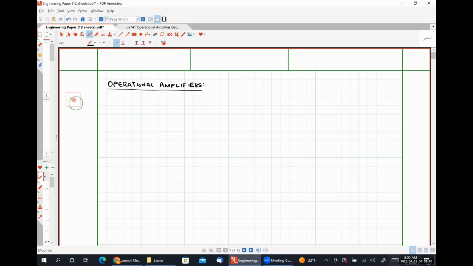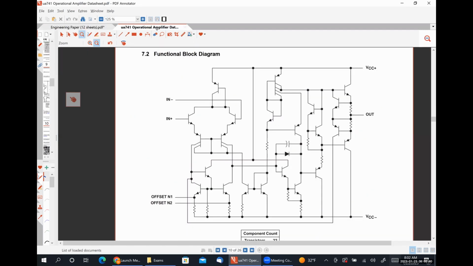So I'm about to switch over to a different screen, and I'm going to show you what a simplified version of the internal workings of an op amp looks like. This is the functional block diagram of a TI µA741 op amp.